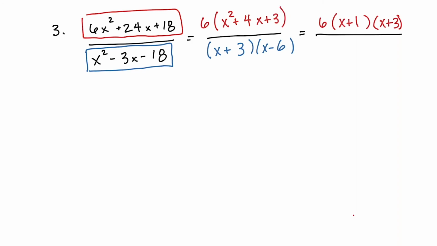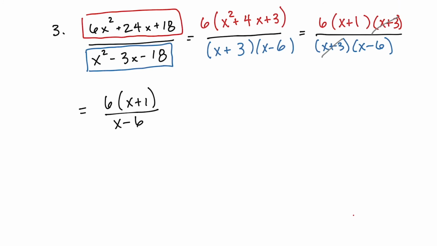Just rewrite your denominator. See who cancels out. Oh, x plus 3, x plus 3. Anything else? No? Okay. So I have 6 times x plus 1, all divided by x minus 6. Now this is an acceptable answer.